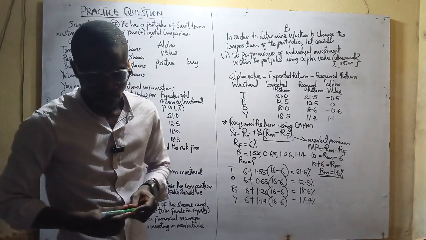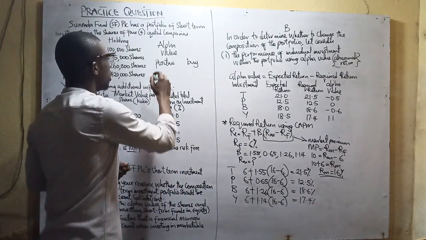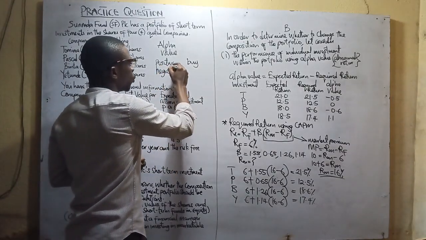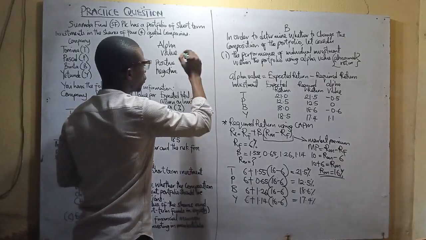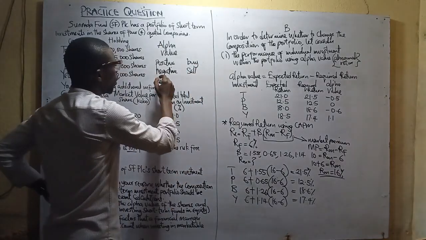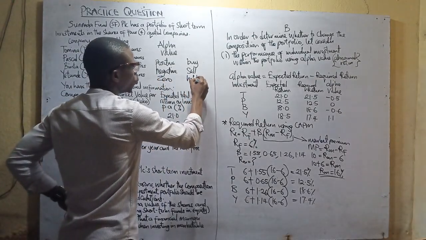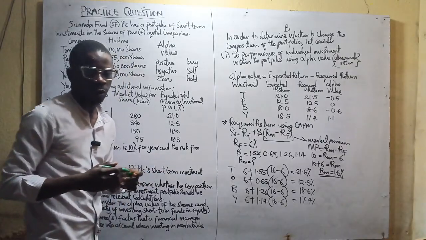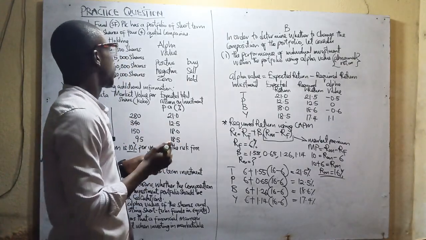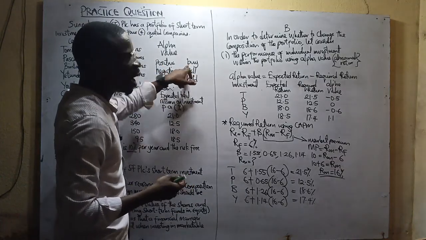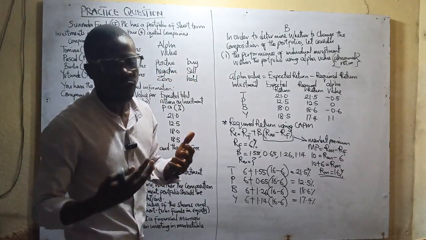But when it gives you a negative figure, you do what? Sell that investment. But when it gives you a 0, it means you should what? Hold on to that investment. Do not buy and do not sell. Once it gives you a positive figure, it means you should buy. That means the investment is undervalued.